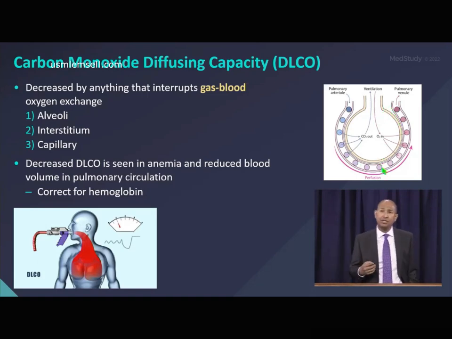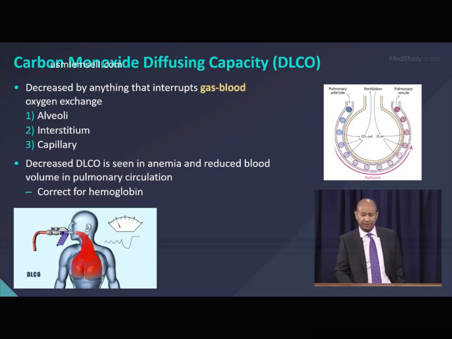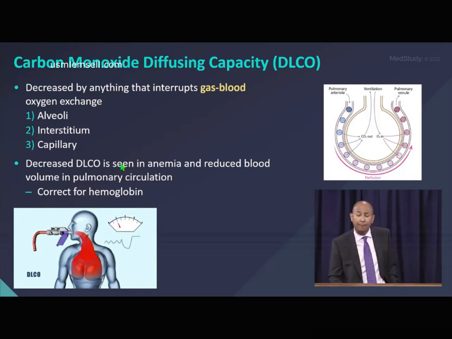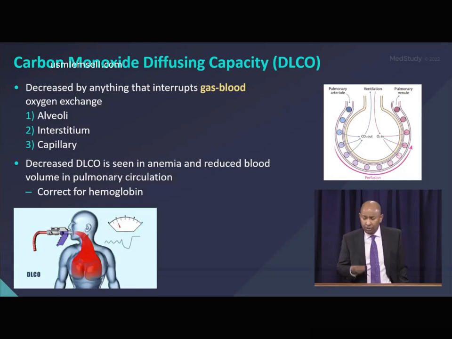But if you have damage in the alveoli, let's say you have obstructive lung disease, atelectasis, of course, a DLCO would be low. In the interstitium, let's say there's fibrosis there, you're going to have a low DLCO. In the capillaries, let's say you have a vasculitis or you have pulmonary hypertension, sure, there'll be thickening of the capillaries and there'll be a low DLCO.